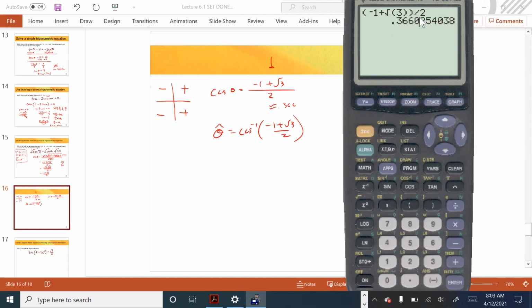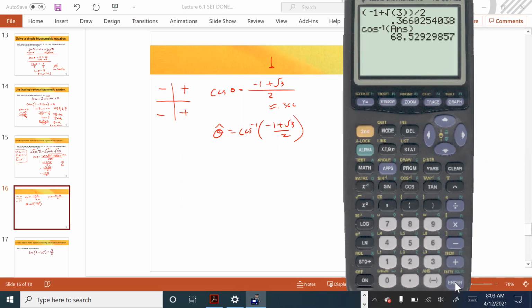Okay. If you punch this in already, what you could do is go cosine inverse and just punch in the answer. Here's your ANS right over here, the answer from your previous calculation goes in. And with that, you click on it and voila.